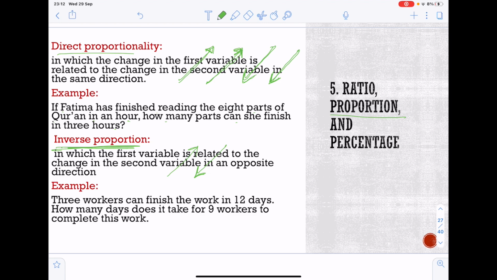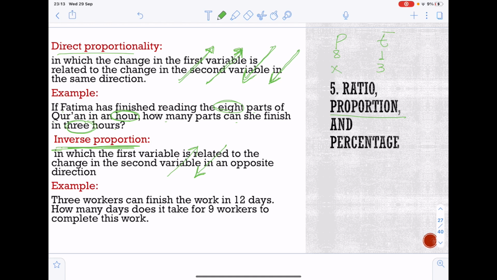So we can write here the parts, here the time. So the first relation between parts and time is, as you can see here, 1 hour, 8 parts. So you can write here 1, 8. And the second time, she will finish in 3 hours. So I'll write 3 under T and here X.